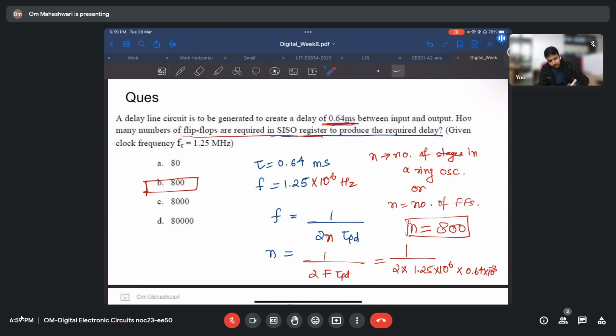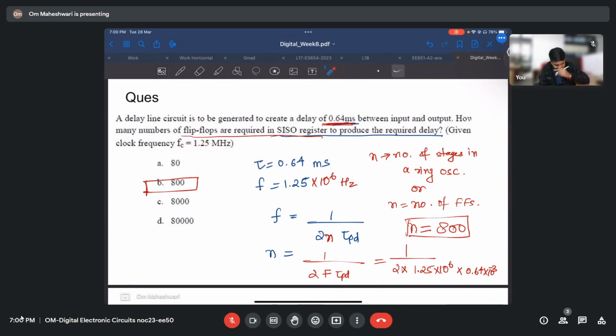What this simply means is that fc is 1.25. So when the input shifts from one flip-flop to the next flip-flop, it takes 1 upon f time, right? 1 upon 1.25 megahertz is the time taken.